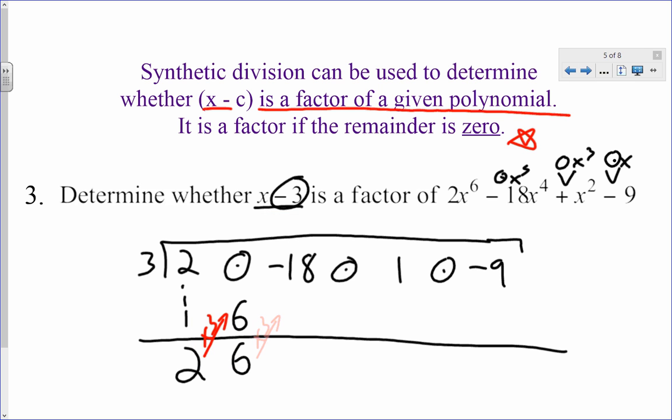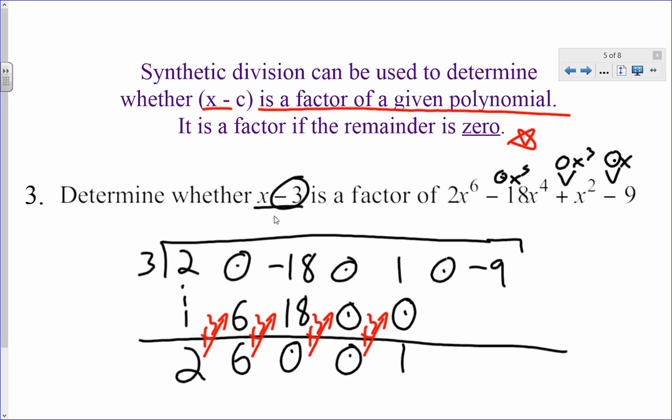And then I'm going to multiply by 3 again, and I get 18. Negative 18 plus 18 is 0. Take 0, multiply it by 3, and I get 0. Add 0, I get 0. Multiply 0 by 3, and I get 0. 1 plus 0 is 1.